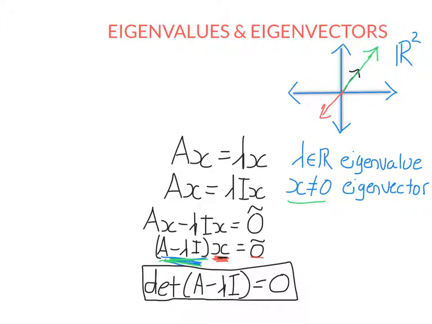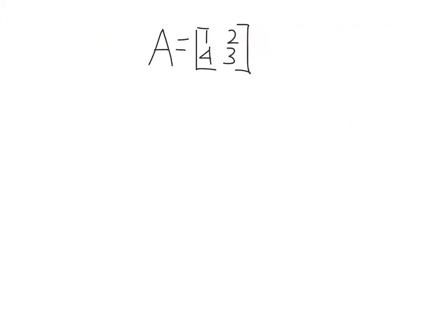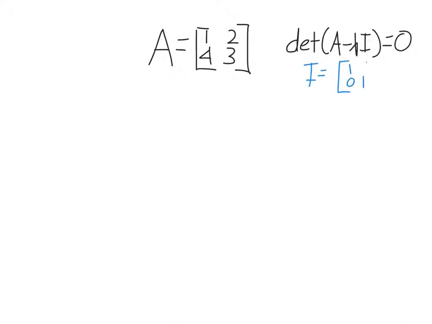So let's look at how we might actually solve this. Let's look at this matrix here. I want to find all its eigenvalues and eigenvectors. To find the eigenvalues lambda, I solve the equation determinant of A minus lambda I is equal to 0. So I'm solving for lambda. Of course, you know that I, the identity matrix, just has 1s on the leading diagonal.